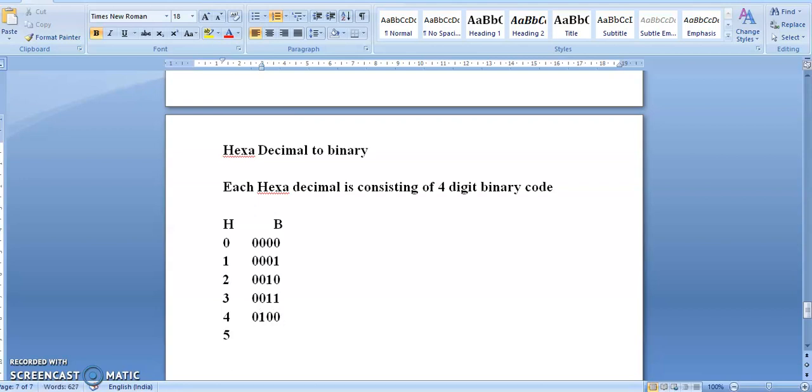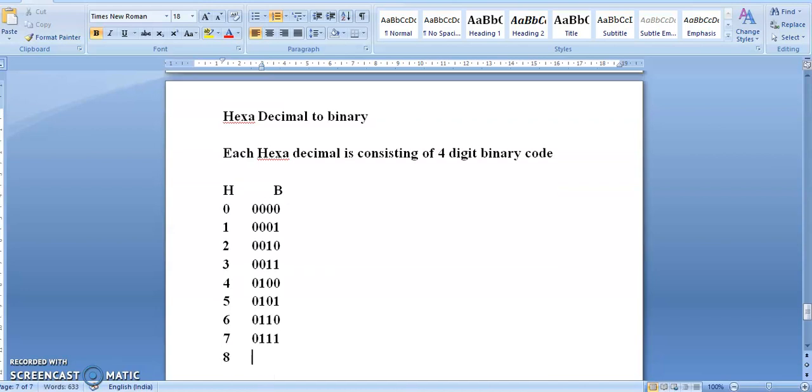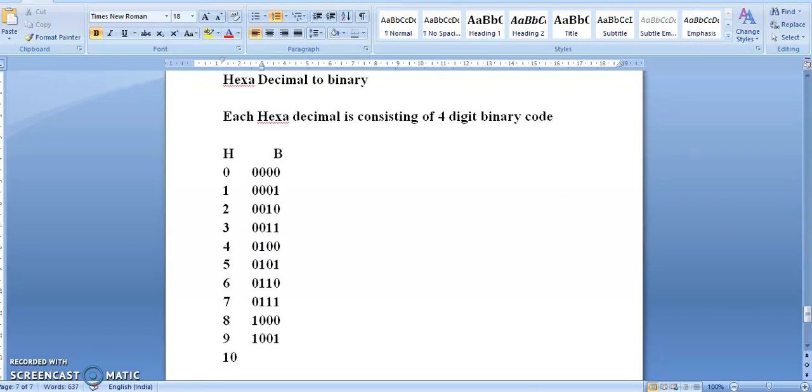5 means 0101, 6 means 0110, 7 means 0111, 8 means 1000, 9 means 1001, 10 means 1010. 10 means hexadecimal, that is called A. The next one, B means 1011.